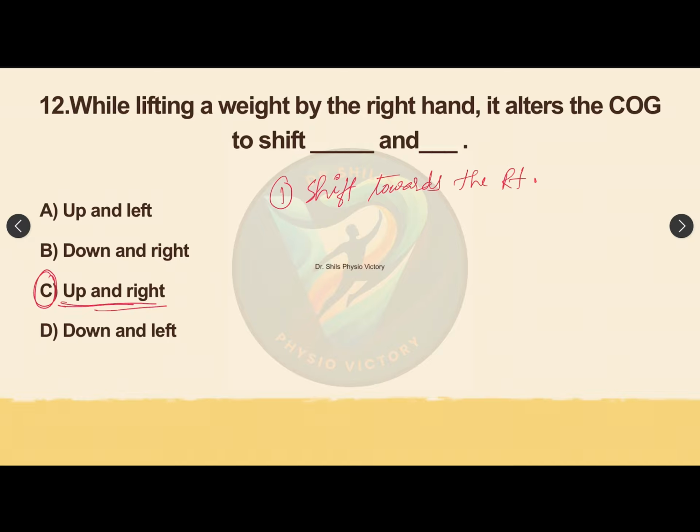The added mass is on the right side. The resultant center of mass moves towards the heavier side.